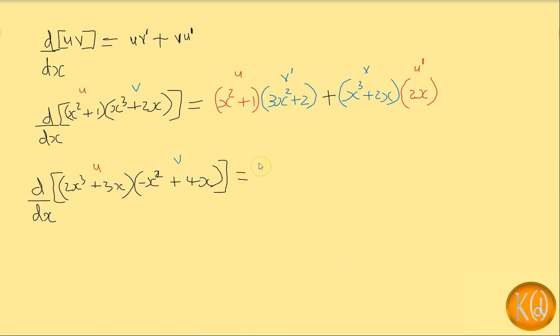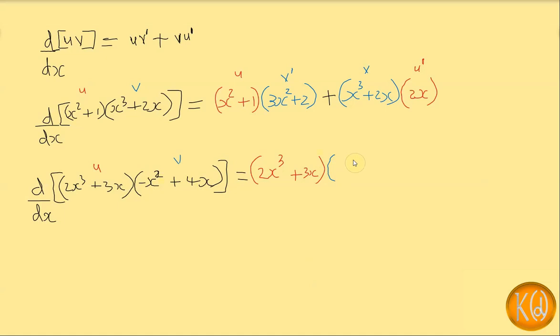Okay, so now let's go ahead and differentiate. Now, as I said, first, which is u, and our u is 2x cubed plus 3x, and our v prime would just be the derivative of this expression.